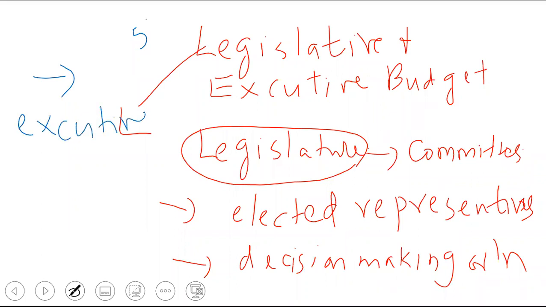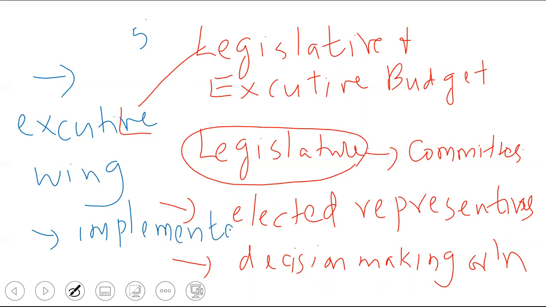The executive is responsible for implementation of the budget.